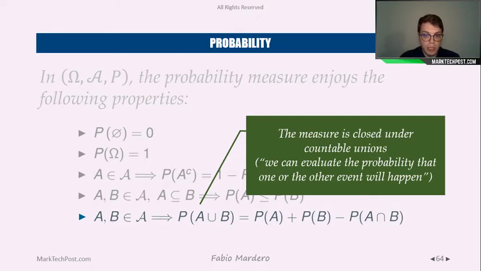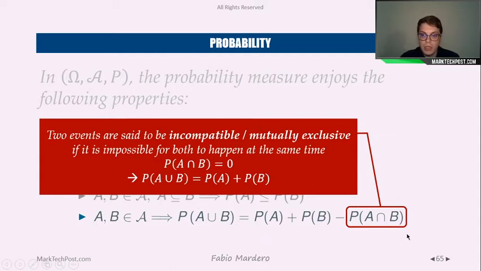And this can be written as the probability of A plus the probability of B minus the probability of the intersection between A and B, which means that A and B both happen. So we will return to this definition, to this property. But this means that we can evaluate the probability that one or the other event will happen.